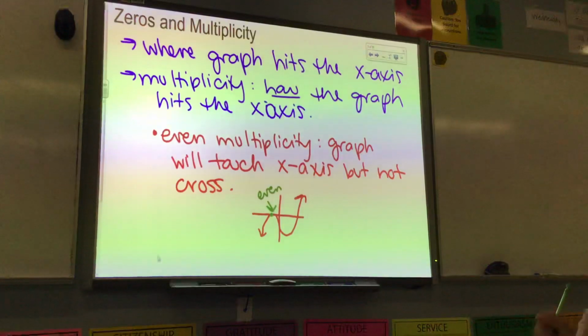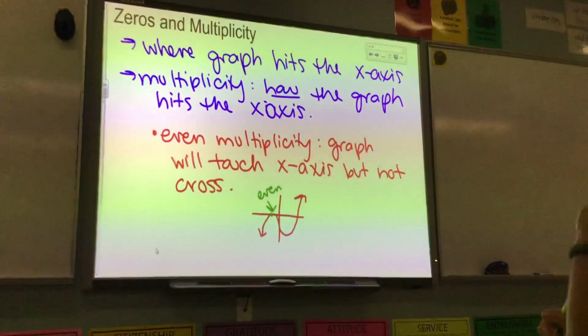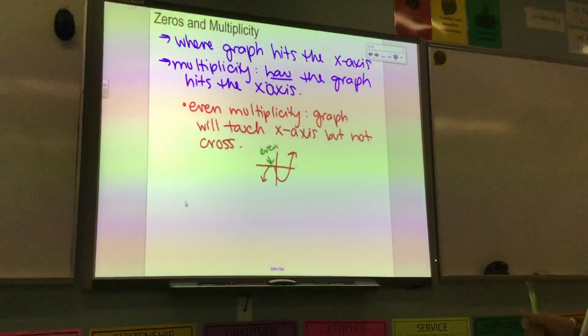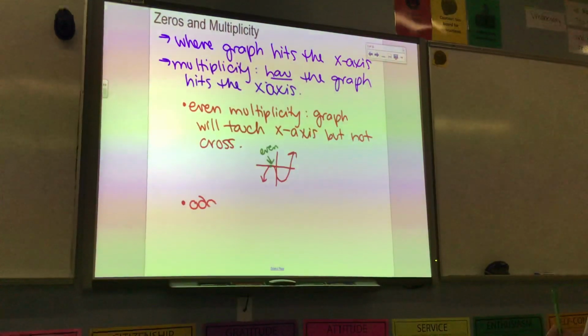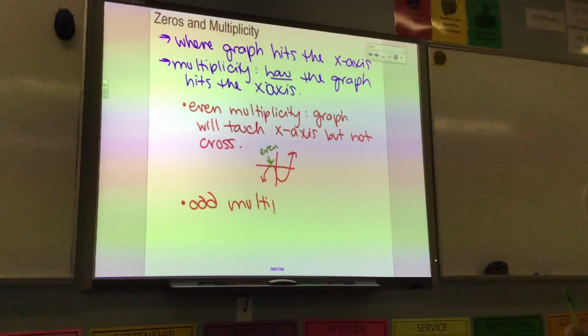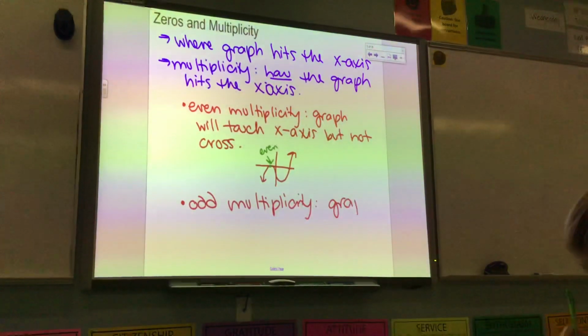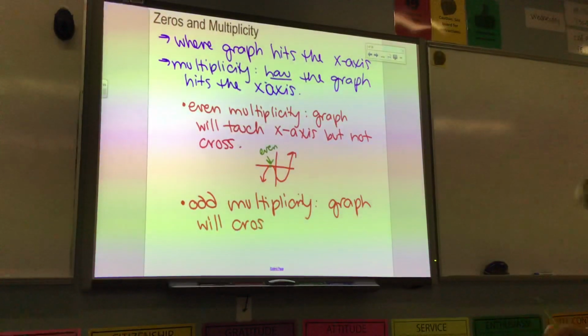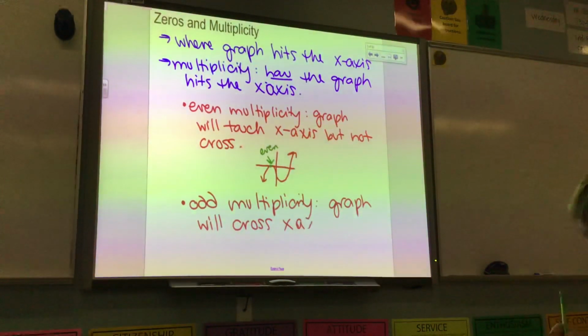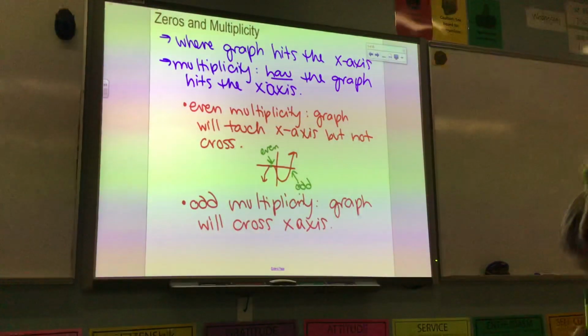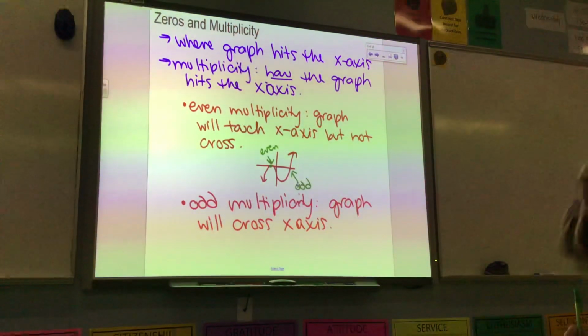You would solve that equation, you would get out that -1 twice. If it has an odd multiplicity, the graph will actually cross the x-axis. So this other point over here where it goes through, that would have an odd multiplicity. So even means it touches and turns around.